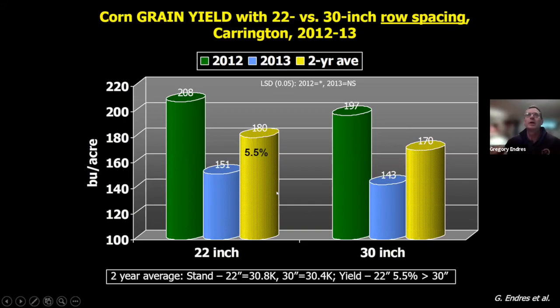And if you recall the table I showed you from Minnesota, the information from these two studies corresponds pretty closely to that Minnesota data on row spacing. So in summary, very modest yield responses with narrowing rows. So keep that in mind if you're considering purchase of new equipment to go from wide rows to something narrower.